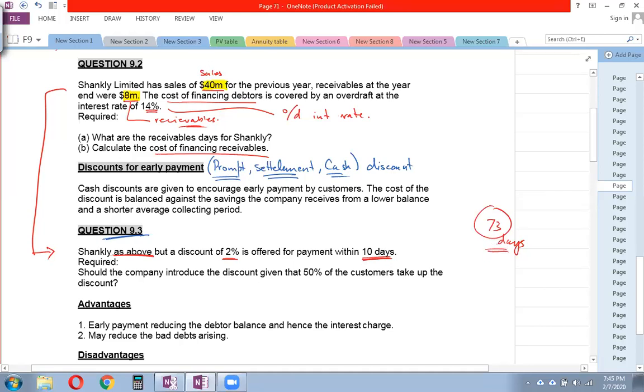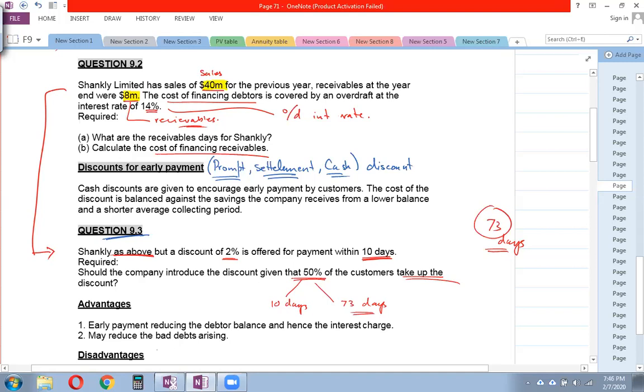So we have to guess what percentage of the customers are going to pay within 10 days and what percentage are going to pay in 73 days. That's why the question is saying, should the company introduce the discount given that 50% of the customers will take up the discount? So that would mean that 50% of the customers will pay in 10 days and the other 50% will pay in 73 days. That's what we are guessing for the future, right?